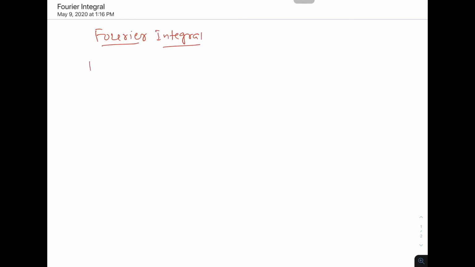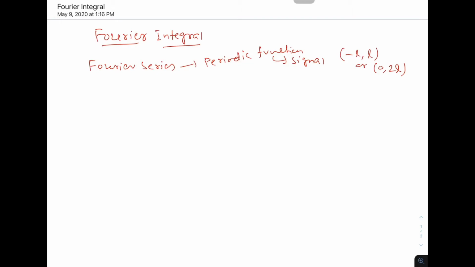There, if we have any periodic function, which you can also think of as a signal, and the period is 2L, say in minus L to L, or 0 to 2L, or in general some finite period, then that function can be expressed as a Fourier series. So that we have studied.